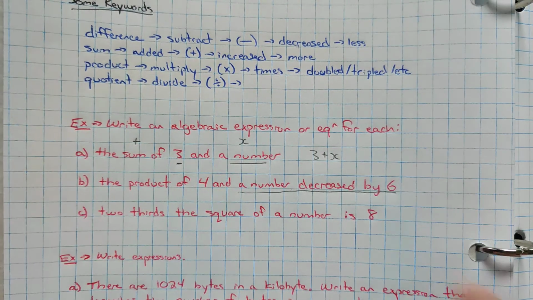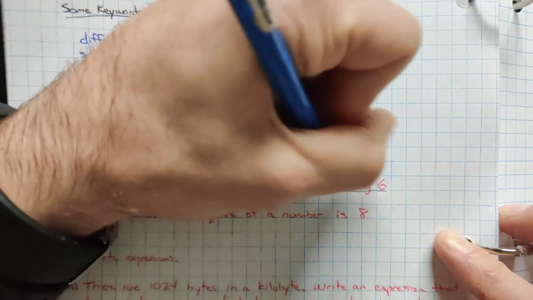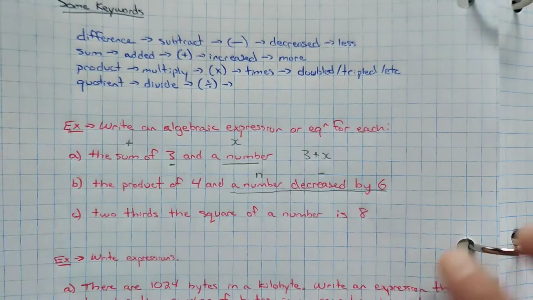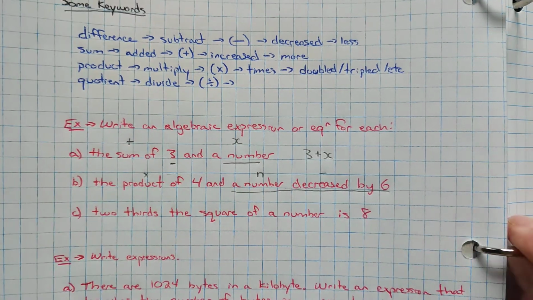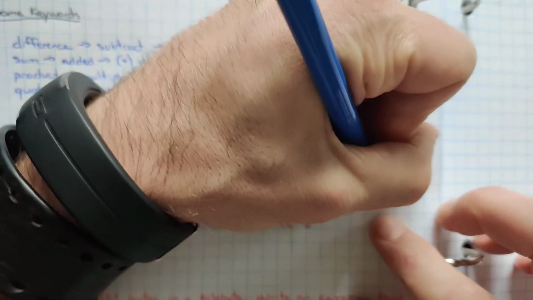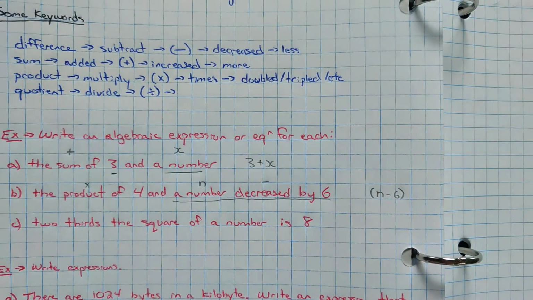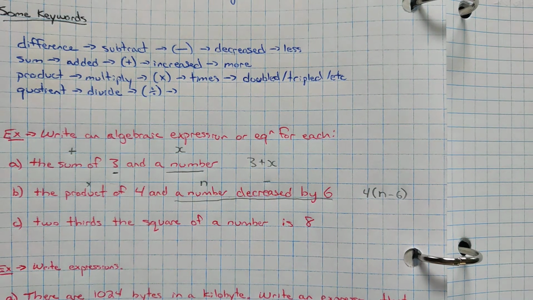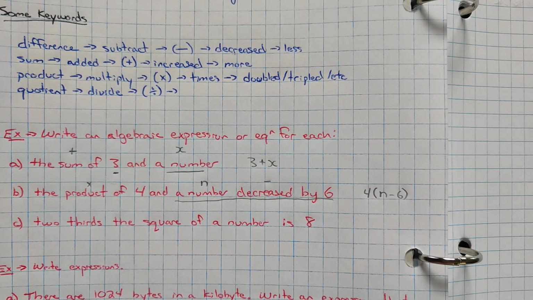So a number, we'll say n in this case, decreased by 6 is n minus 6, and then the product would mean we'd multiply that by 4.